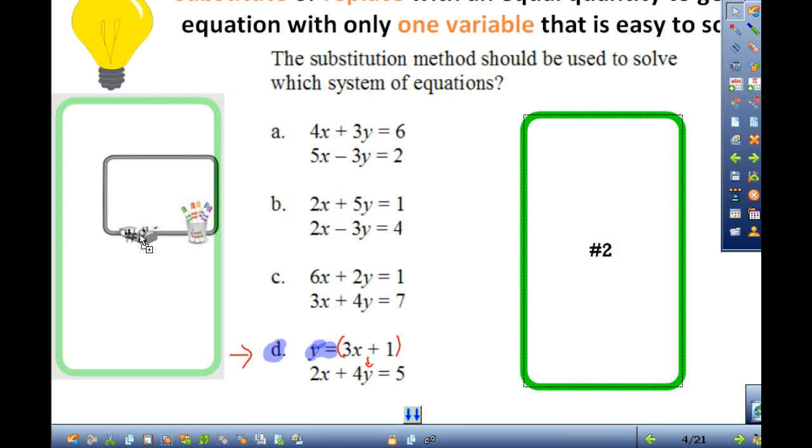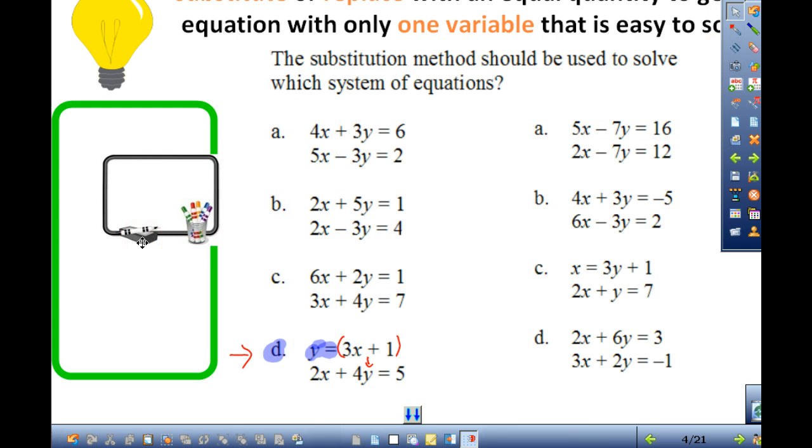Okay. Same thing over here. Which one would be really good to use substitution on? Yeah, C, because of the x equals, right? So we're not graphing, so it doesn't have to be y equals. We're so used to seeing y equals the slope, x plus y intercept, but we're not graphing, so we don't have to abide by those rules.